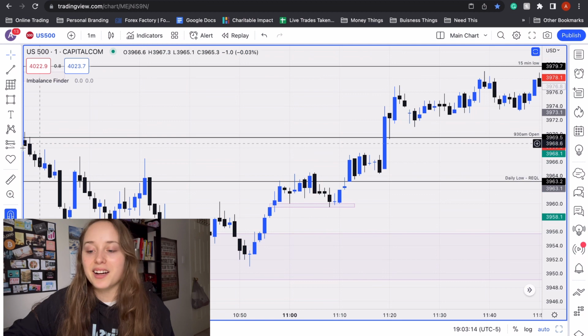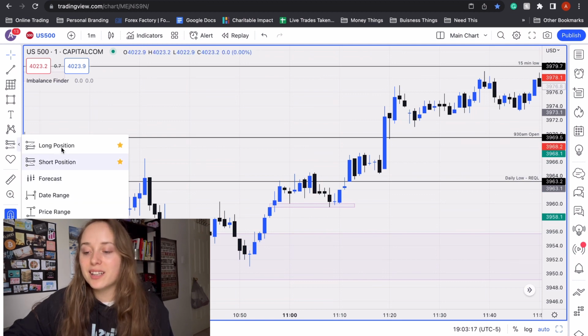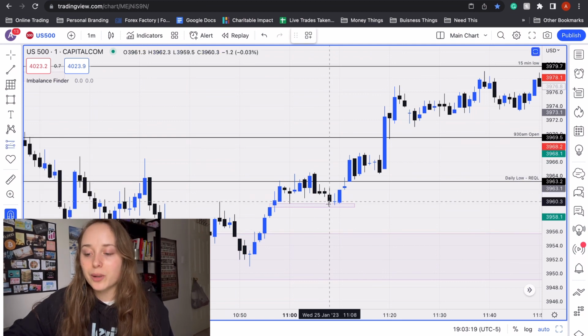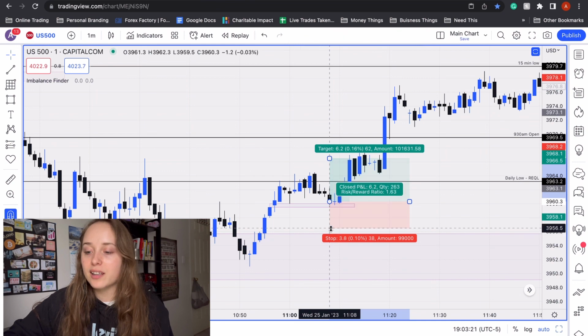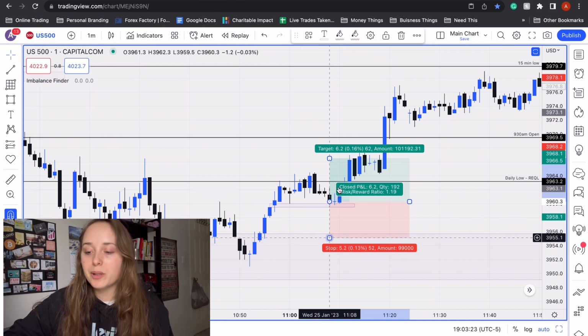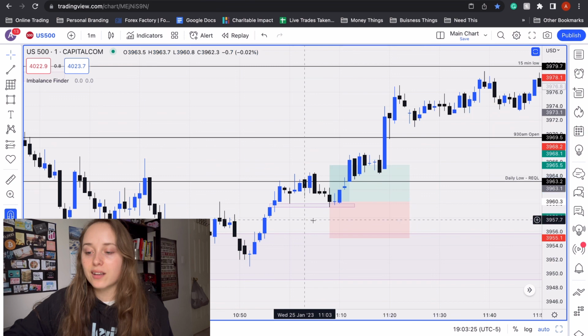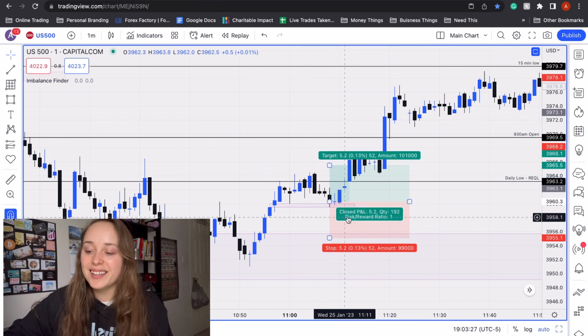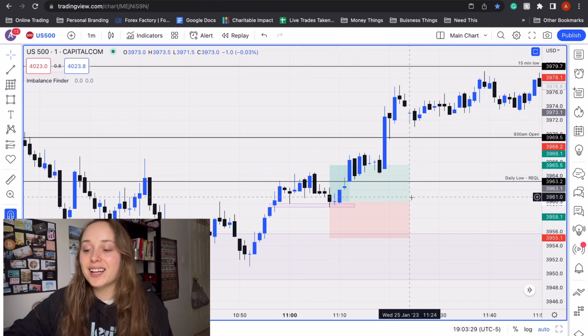And then look at how beautiful this entry would have been. Even just a quick 5-point trade right there, done. Would have been in the trade for another 4 minutes. 5 points are great.